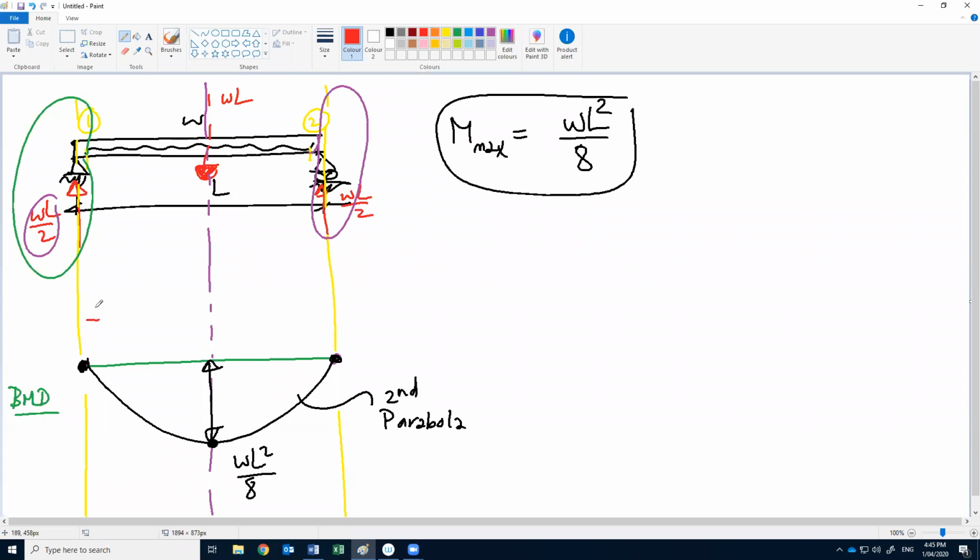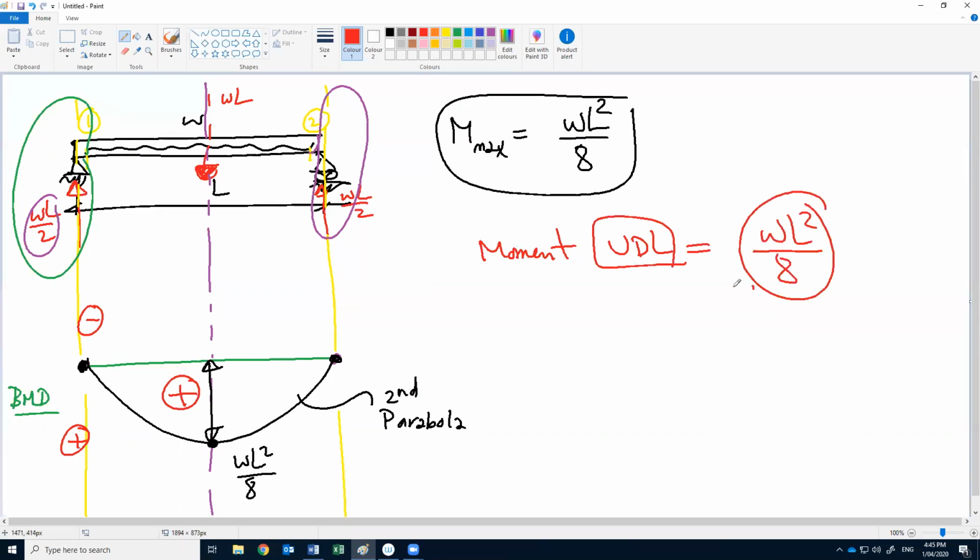Again, we said below the datum is positive, above the datum is negative. So this moment is positive moment. Okay, so again, if we have uniform distributed load, the value will be WL squared divided by 8 and second degree parabola.